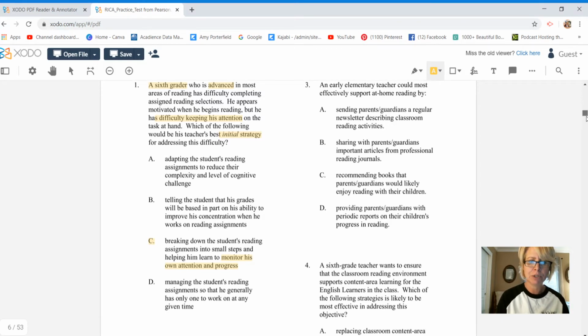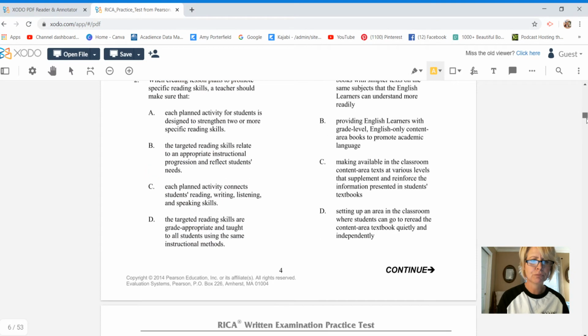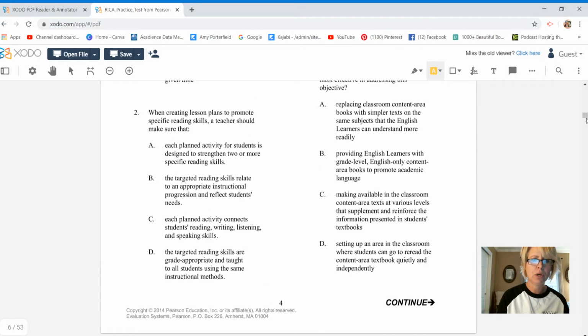Okay, let's go to number 2. When creating lesson plans to promote specific reading skills, a teacher should make sure that what? Well, let's first of all highlight what's important. We're talking about promoting reading skills. What do we need to do when we're planning lessons?